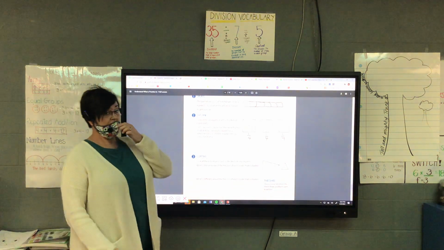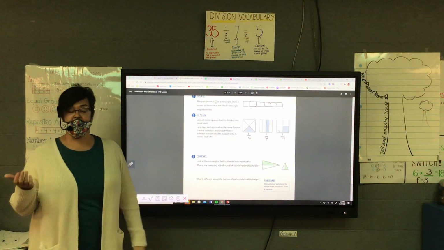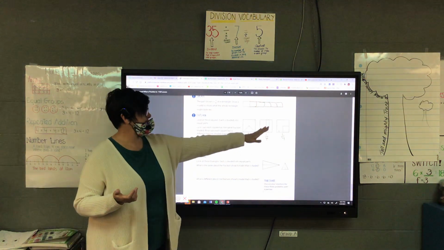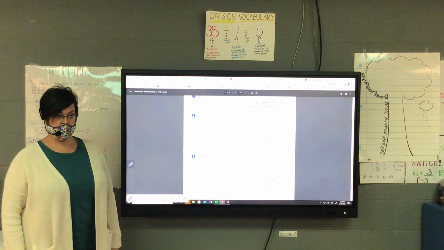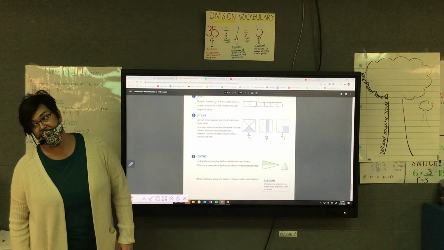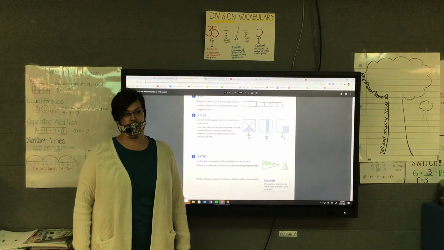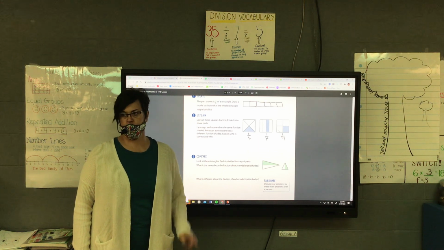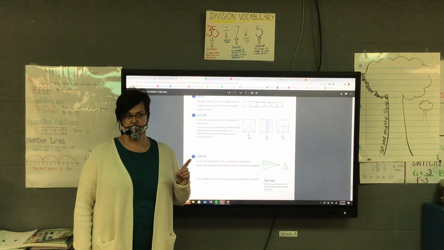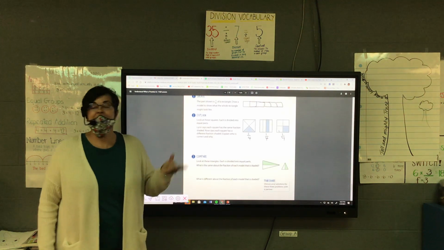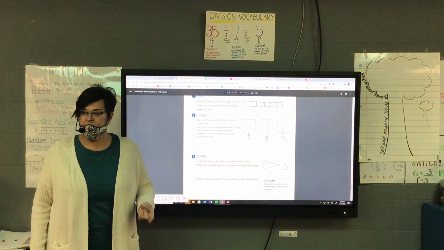Okay, so listen again. Lynn says each square has the same fraction shaded. Rose says each square has a different fraction shaded. Who's correct? Lynn is. Yeah. Why is Lynn correct?